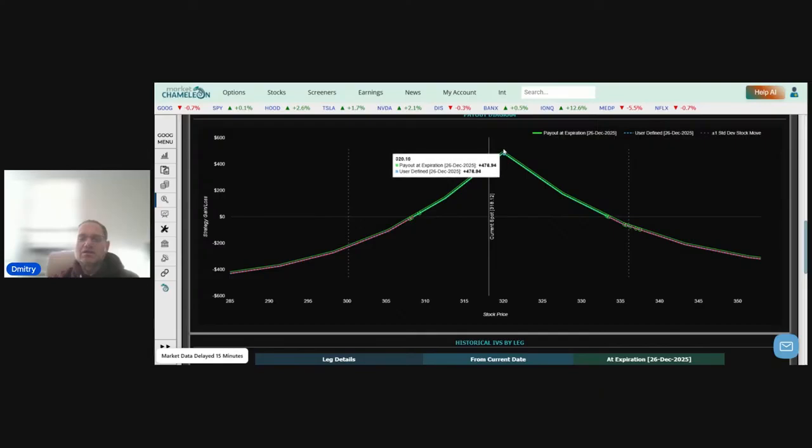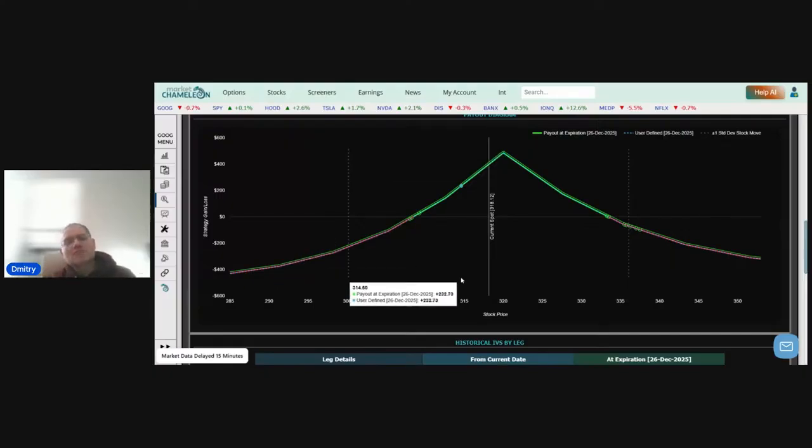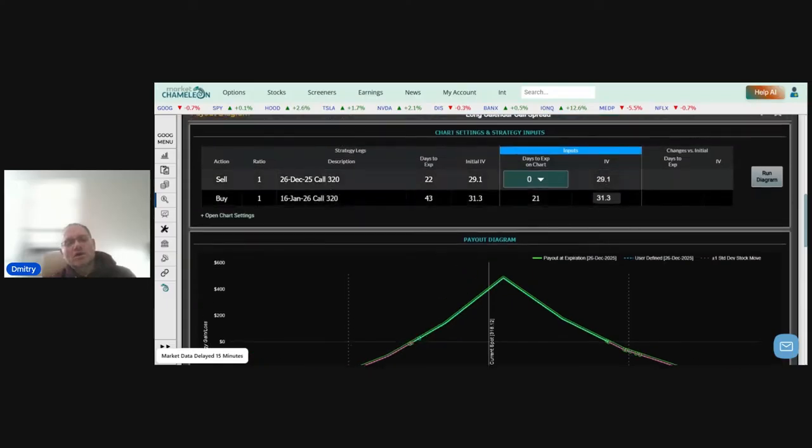Your sweet spot is 320, right where the strikes are, which kind of makes sense, because if you're doing a time spread where you're selling the near term, and at expiration the stock is right at that strike, you're going to collect whatever you sold, you collect that premium, and that option goes away.